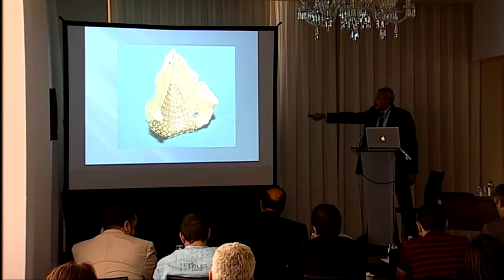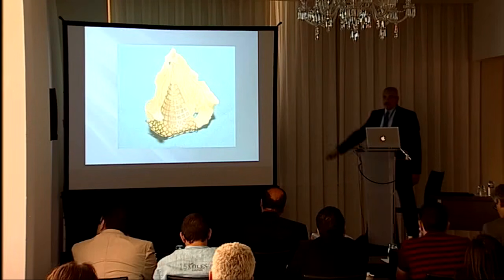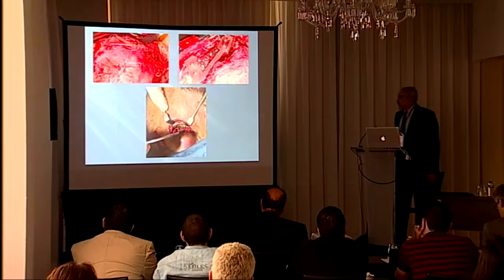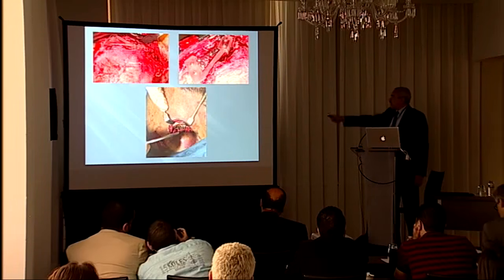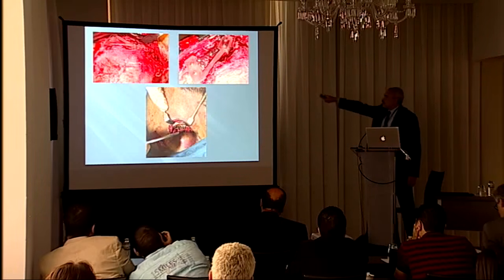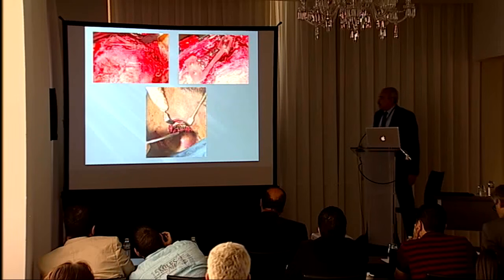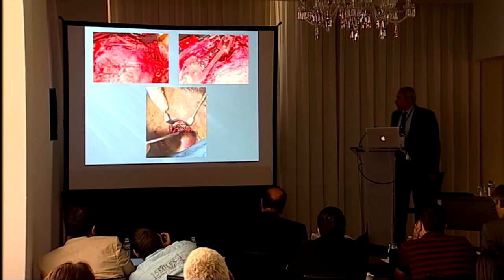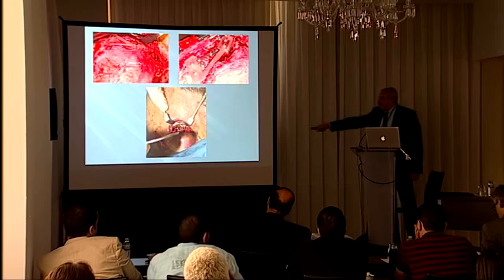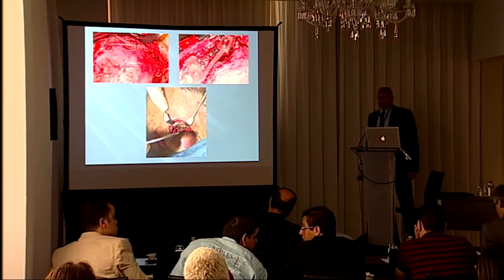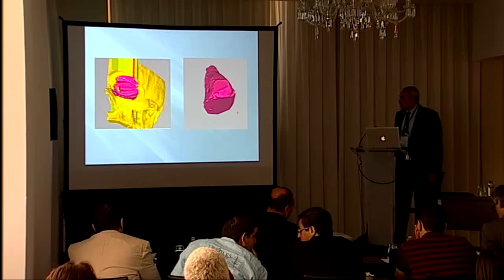This is the orbital floor, and we contour the orbital mesh to fix that preoperatively. And here is a bicoronal flap, and these are the splints in place, and this is the lateral wall of the orbit, and this is the reconstruction of the orbital floor with the orbital mesh.